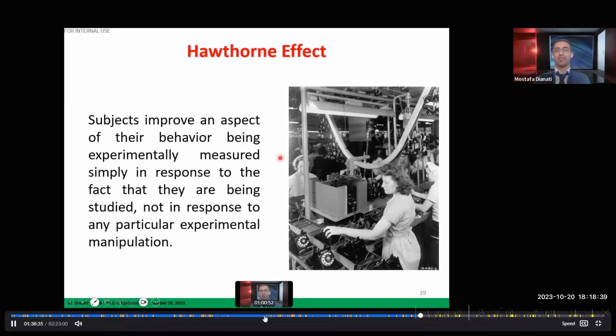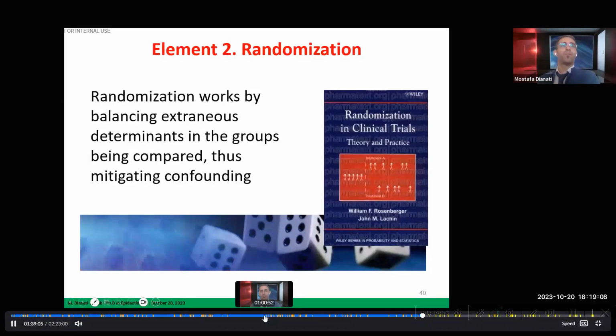Suppose your intervention is to see the effect of a new drug on the risk of cardiovascular diseases, and one group is receiving the main drug and the other group is receiving the placebo. But because both groups know that they are under a study, maybe they will change their diets. They will change their physical activity. So this change also can impact our results. So you should take this one into consideration.